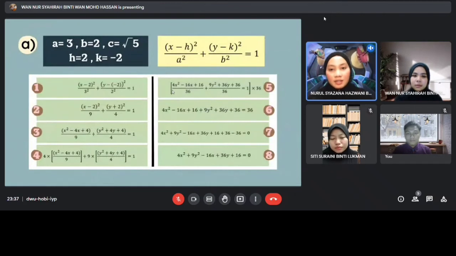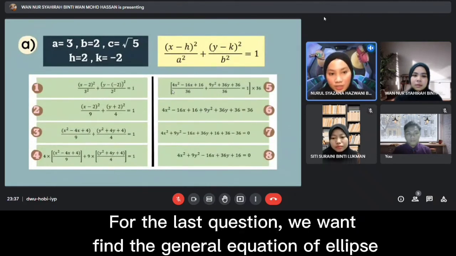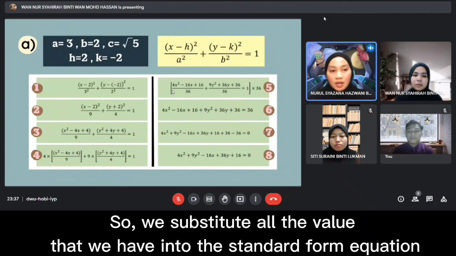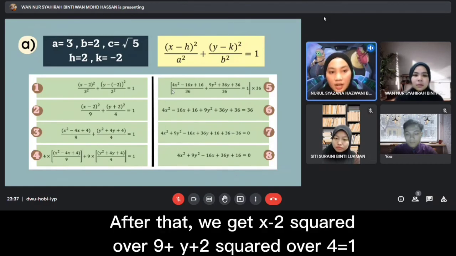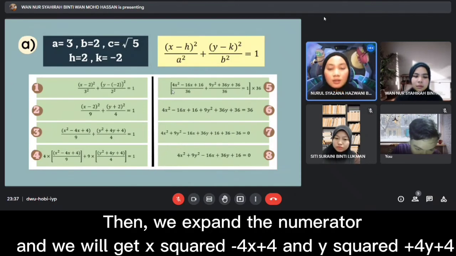Okay, for the last question, we want to find the general equation of an ellipse. So, we substitute all the values that we have into the standard form equation. After that, we will get (x minus 2) squared over 9 plus (y plus 2) squared over 4 equals 1. Then, we expand the numerators and we get x squared minus 4x plus 4 and y squared plus 4y plus 4.